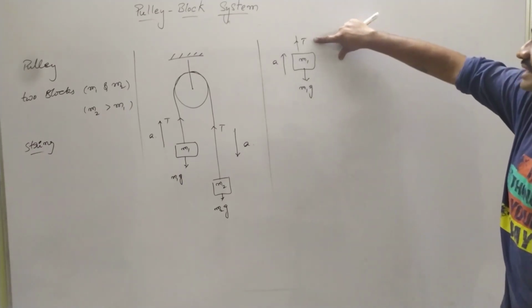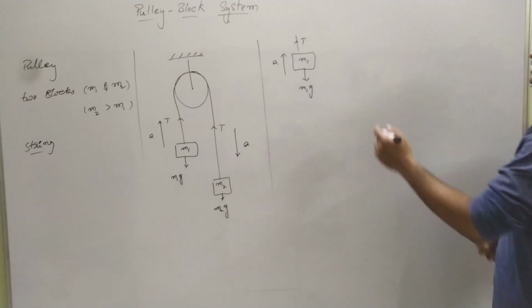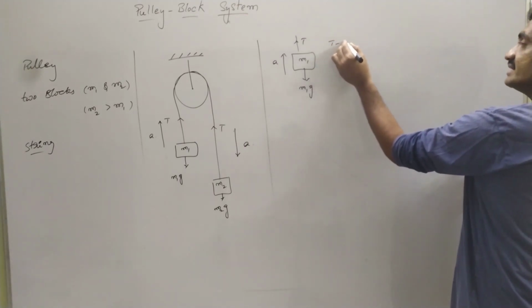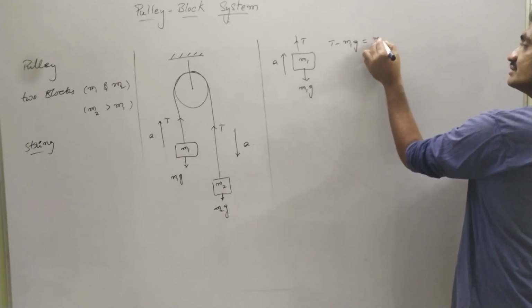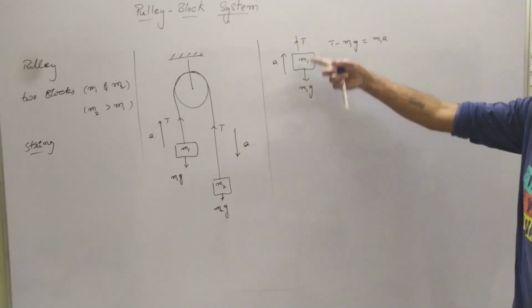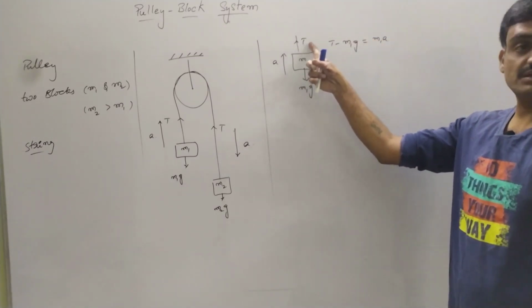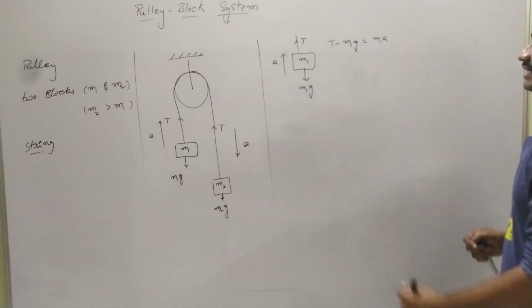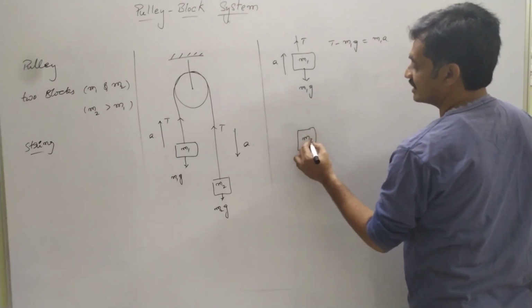So based on that, here we can represent that tension is greater than weight. So we can represent it as T1 minus m1g is equal to m1 into a. Since the body is moving in the upward direction with the acceleration a, we consider that tension is greater than weight. Whereas in the second case, here we consider m2.